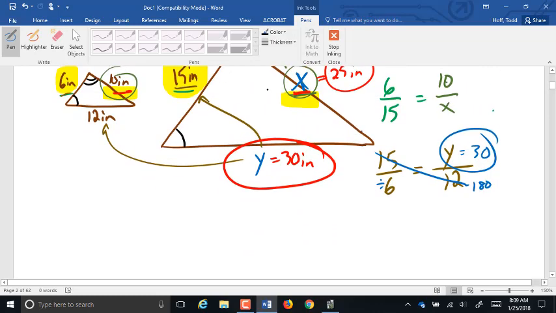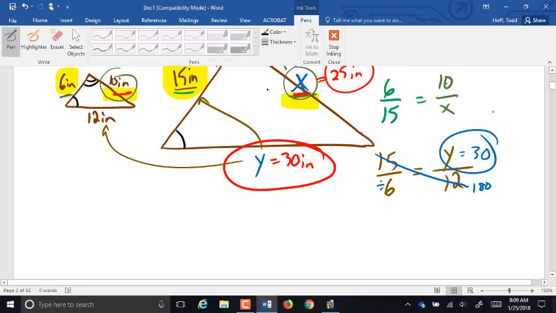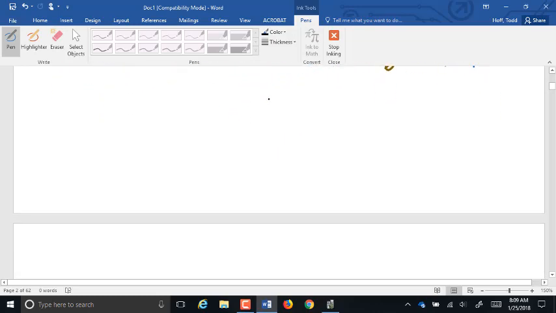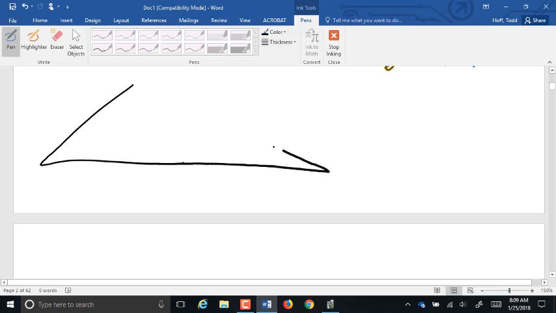Now, it's not always that simple. These are both in the same orientation, just enlarged. They might not be in the same orientation. So we might have a case like this.